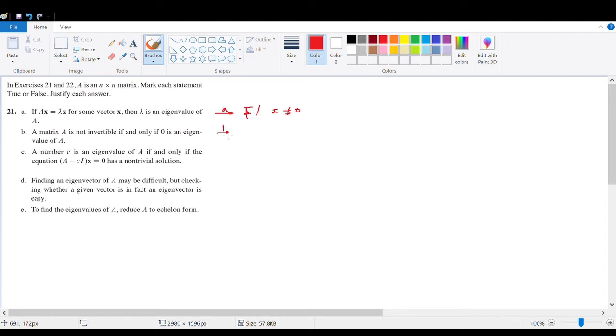So B, a matrix A is not invertible if and only if 0 is an eigenvalue of A. This one is true because if the eigenvalue is equal to 0, A cannot be invertible because we have a 0 in the main diagonal maybe. That means the determinant will be equal to 0, so this one is true.